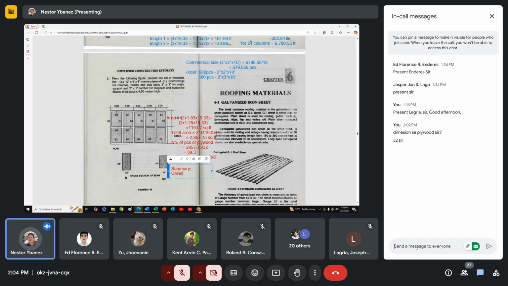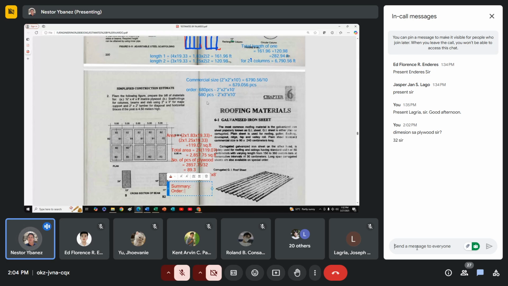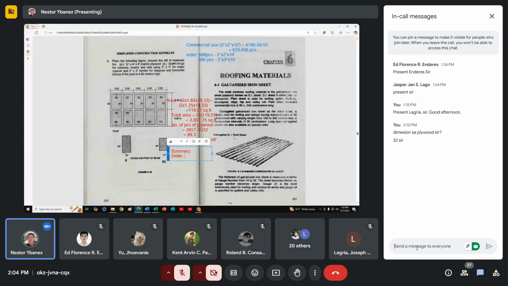Order the following: 680 pieces of 2 inches by 2 inches by 10 feet. In this section, the cross-section does not matter.